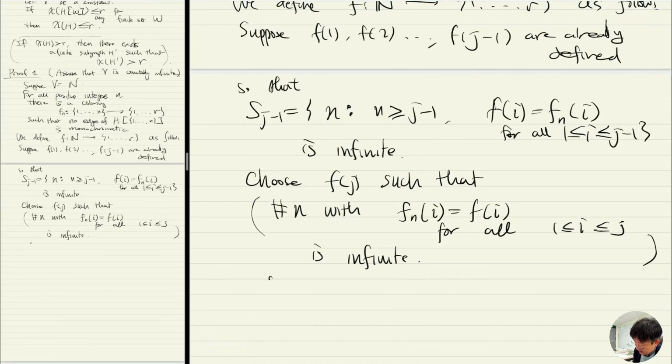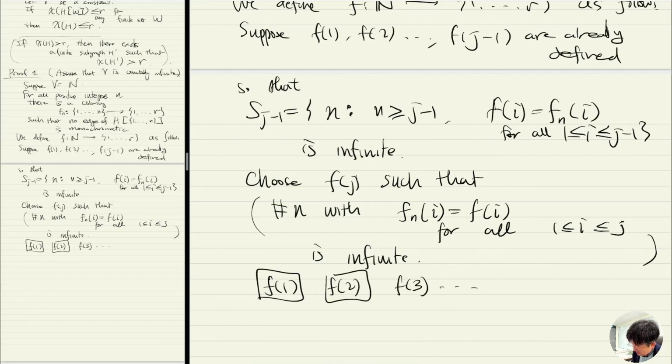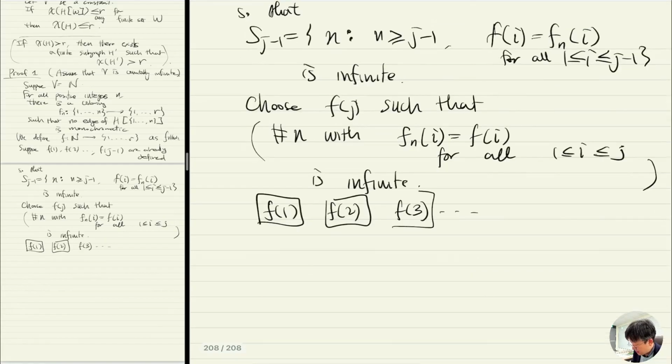In other words, in the beginning we choose f_1 so that there are infinitely many n such that f_n(1) is equal to f_1. And then we choose f_2 so that there are infinitely many n such that f_n(1) is equal to f_1 and f_n(2) is equal to f_2, and then we choose f_3, etc. So this is how we choose this thing.